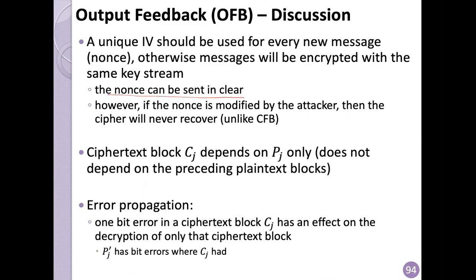It can be open to everyone, but we should make sure that it's not being changed by anyone. One negative feature is that if due to any reason the nonce is attacked and even one bit of the nonce is changed, the whole cipher is going to be lost, and we will not be able to decrypt it anymore.